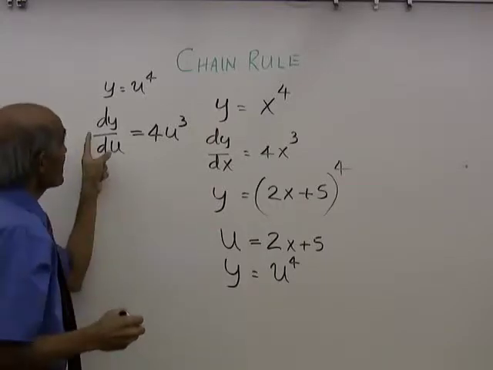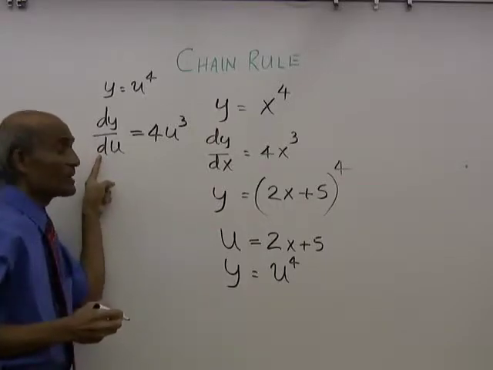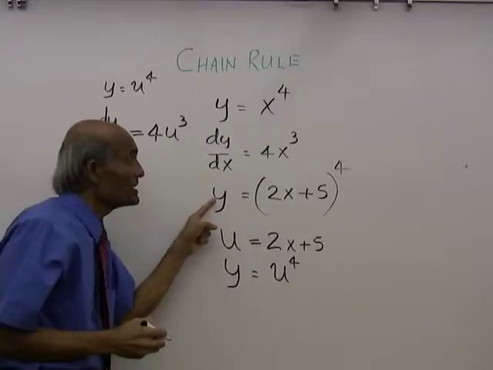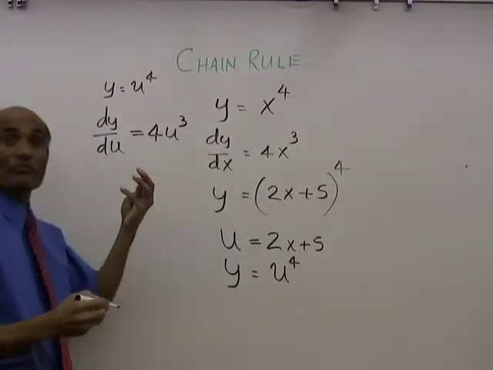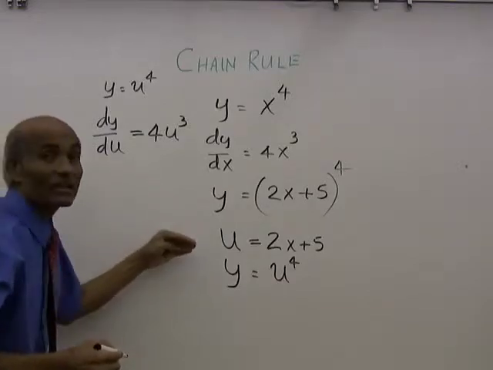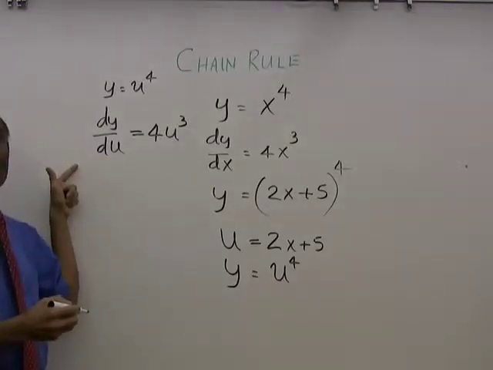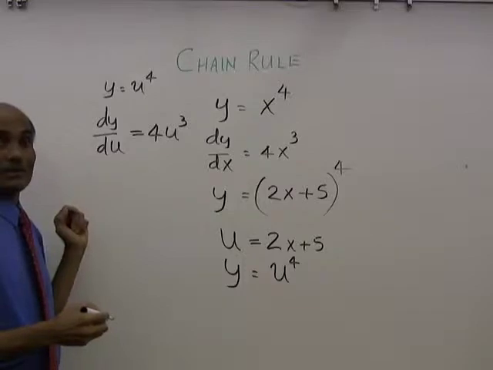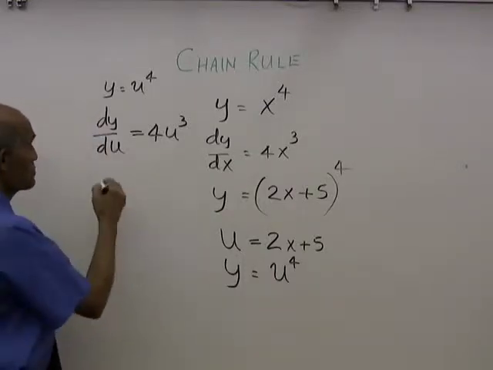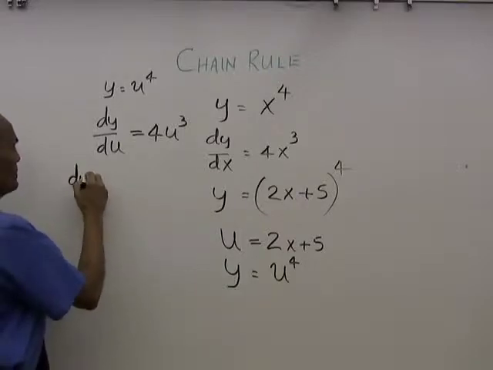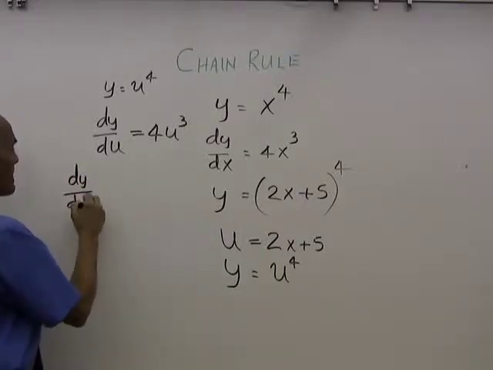But we are not looking for dy by du. We want to find dy by dx. How do we find dy by dx from this dy by du? Well, we can do a very simple mathematical manipulation. Look at this. We want to find dy by dx.